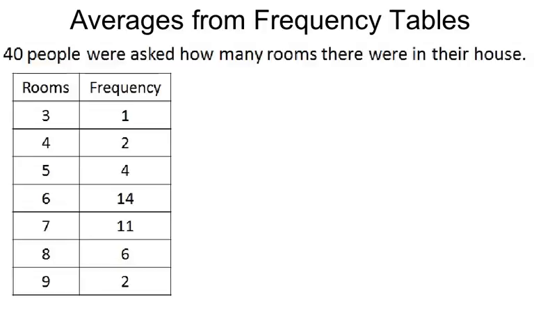Now we can work out all of our averages from a frequency table. The first one we're going to look at is the easiest to spot, and that is the mode. Remember, the mode is the most common value. So the mode from a frequency table is the one that has the highest frequency. As we look down the frequency column, we see that 14 is the highest frequency.